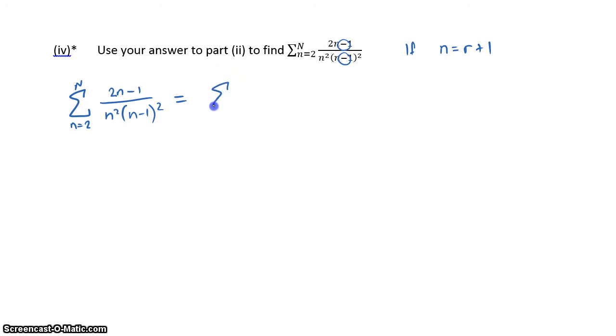I instead want to have the summation from, every time I see an n, I'm going to write r plus 1.